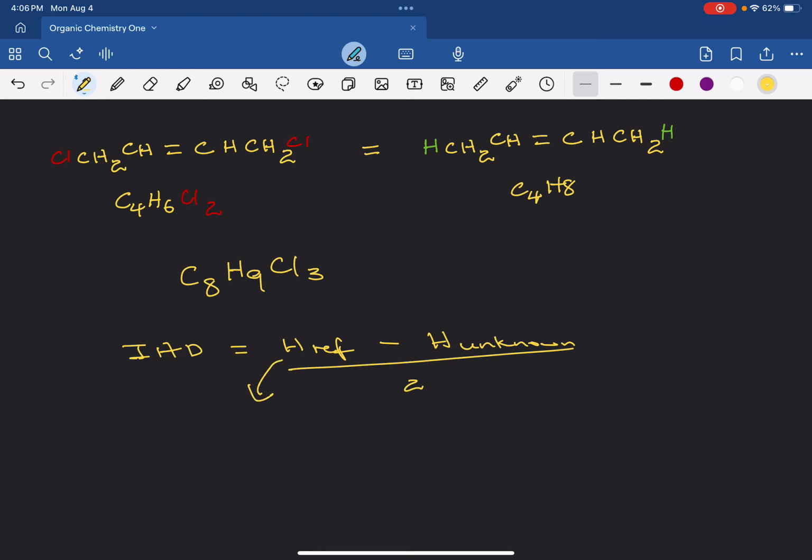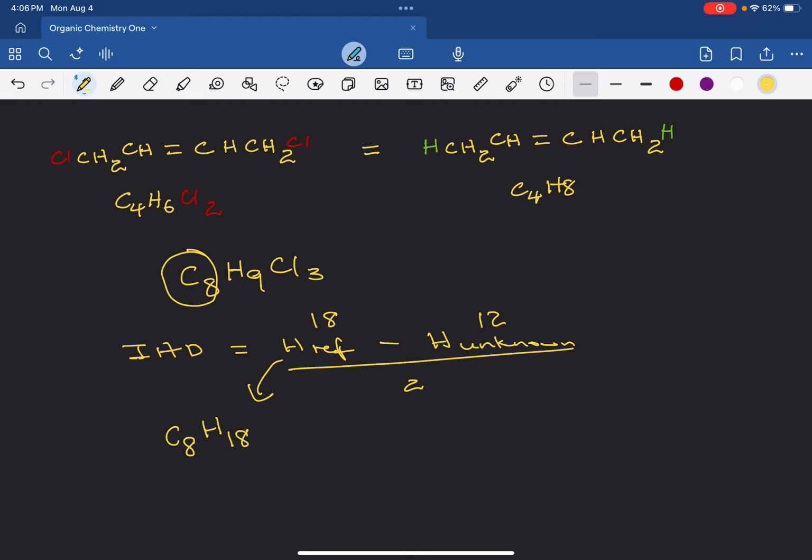I have 8 carbons in the unknown, so I need the corresponding alkane with 8 carbons. 8 times 2 is 16 plus 2 is 18. Number of hydrogens in my reference is 18. I have 3 chlorines and 9 hydrogens. Remember, for chlorine, you have to add. So it's 3 plus 9, which is equal to 12.